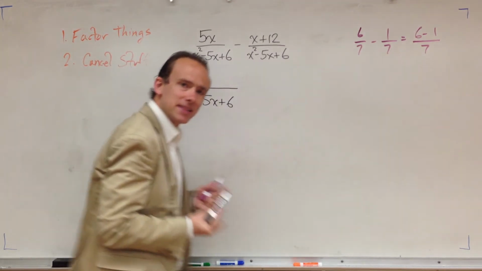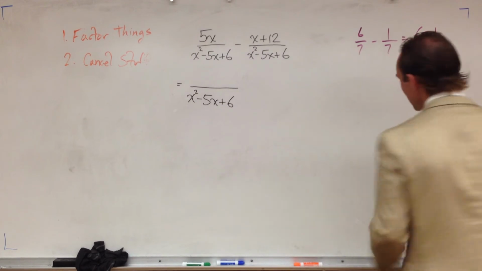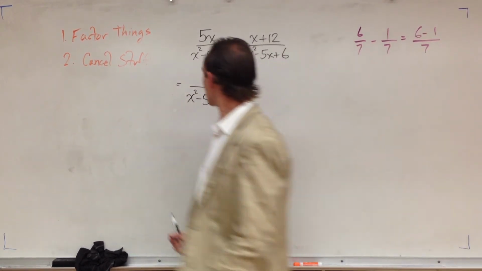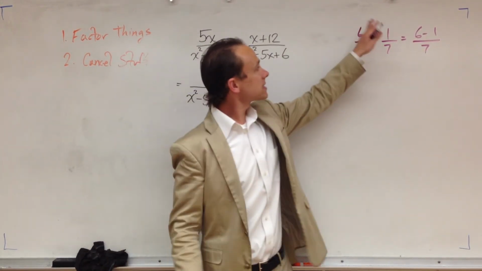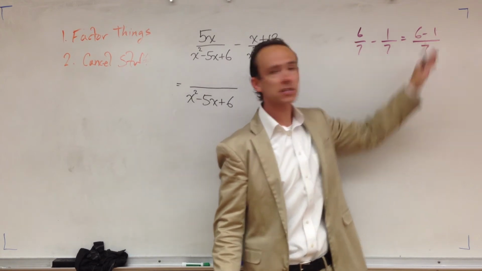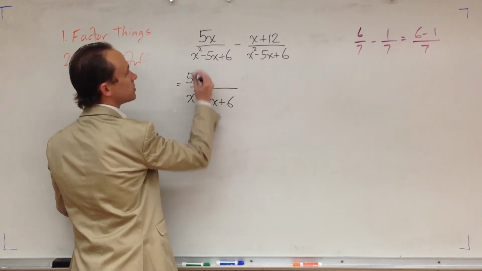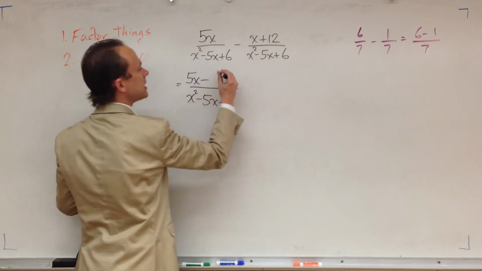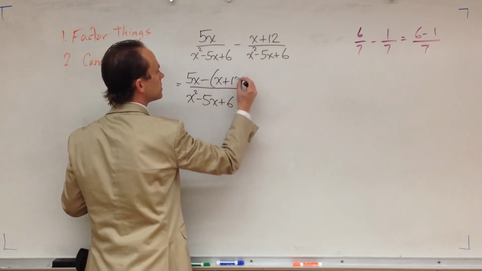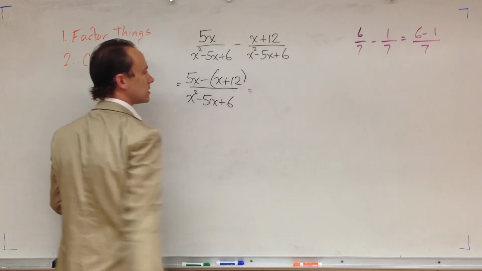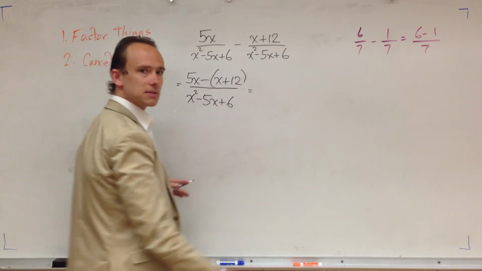And feel good about that. Tell yourself I'm not going to skip steps today. Just write 6 minus 1. So you do that. Put this numerator, rather, minus that one. One step at a time. It's going to be easy money.